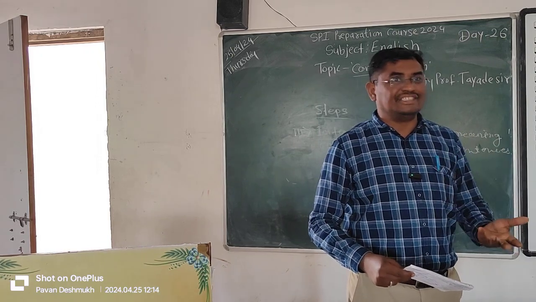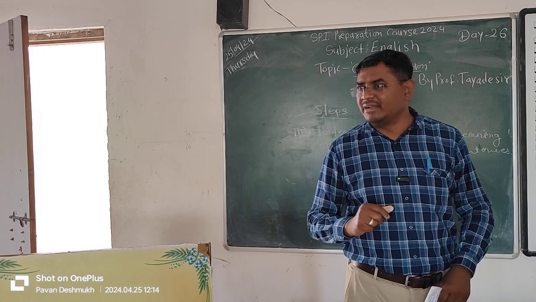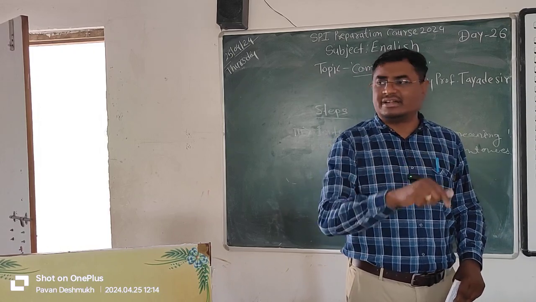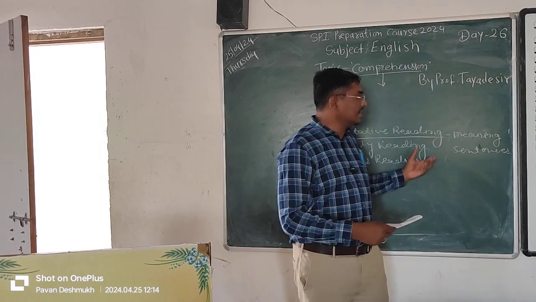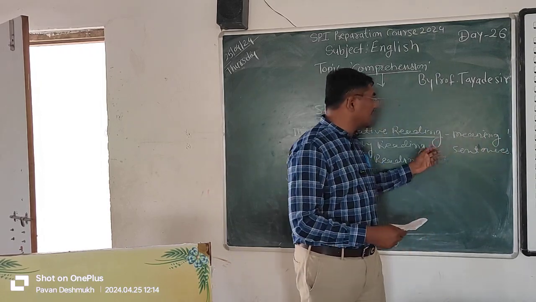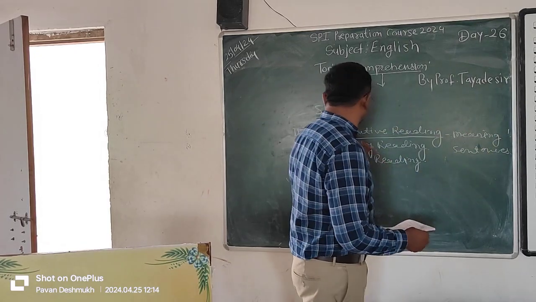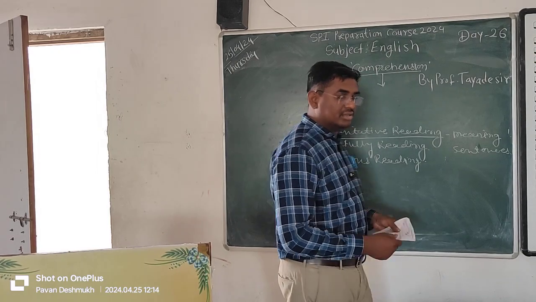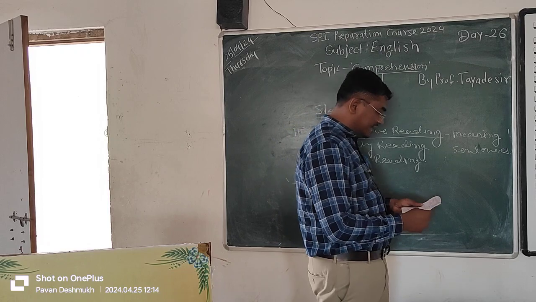When your teacher teaches you in a class, how many times does he explain? Firstly, silent reading, then loud reading, and the third time he explains that passage. Like that, three times you can read the passage and get the meaning of the sentences in intensive reading, or careful, serious reading.